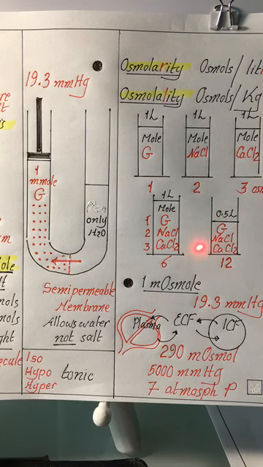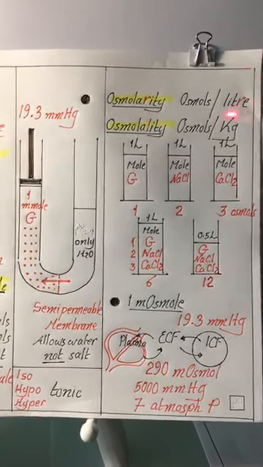The osmolarity is not calculated in half a liter. We have 6 in half a liter. So if we have 1 liter, 2 halves, how many osmoles will we have? Double the 6 will be 12. I think very easy. Because the calculation is always per liter.